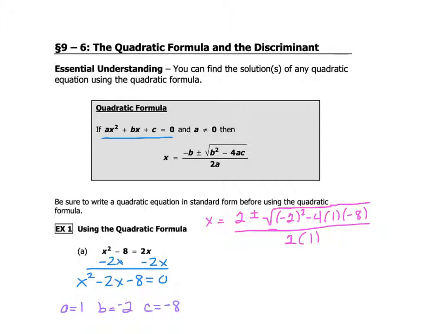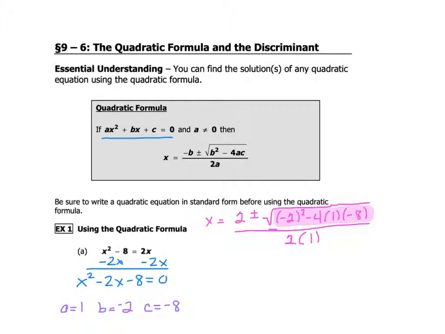The first thing I'm going to want to do here is take this part and put it into my calculator exactly as you see it here. I'm not going to put the square root. I'm just going to put parenthesis -2 parenthesis squared minus 4 times parenthesis 1 parenthesis times parenthesis -8 parenthesis.